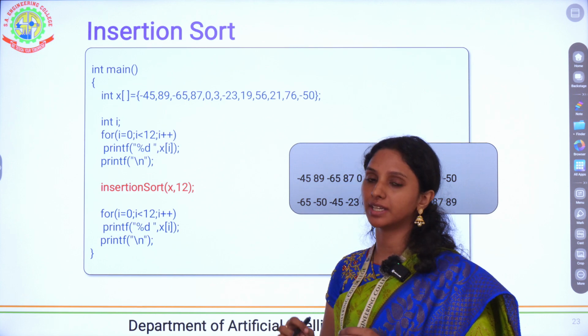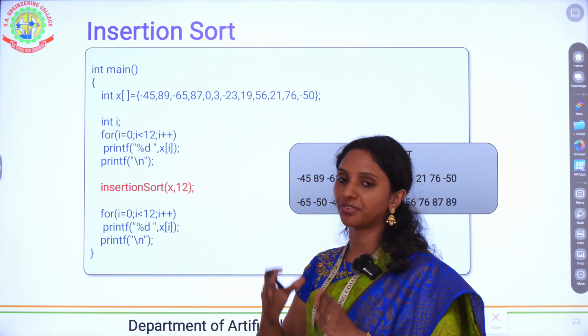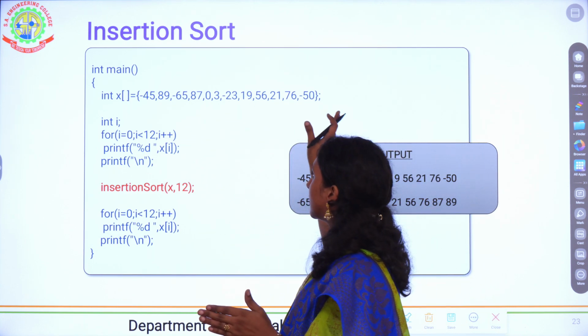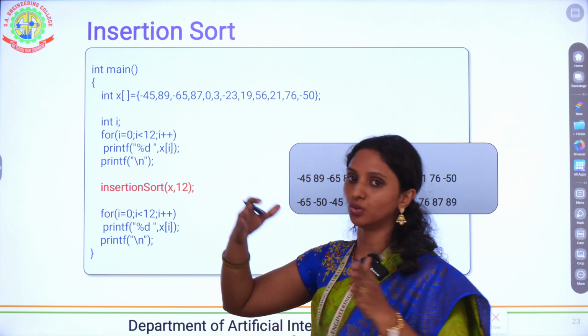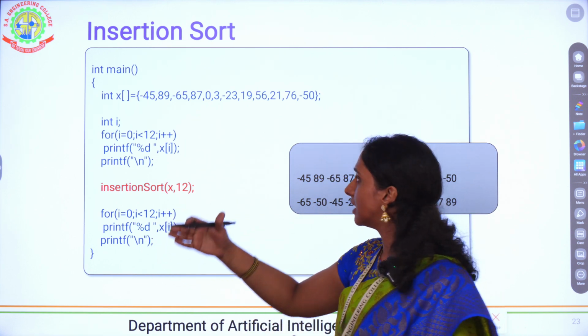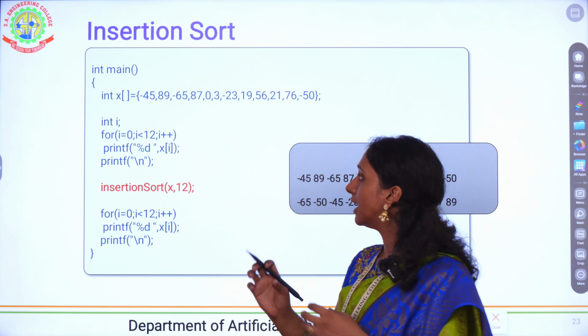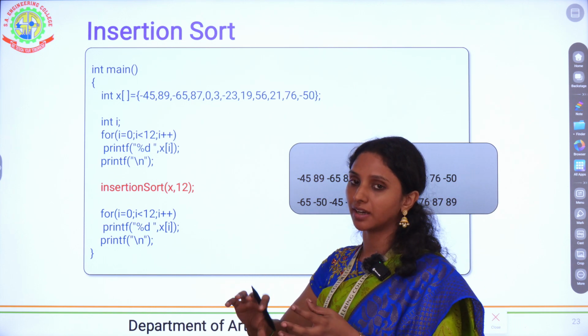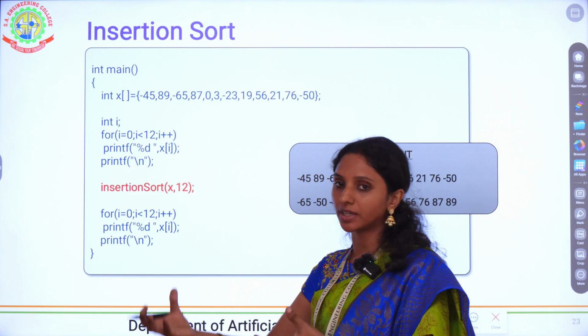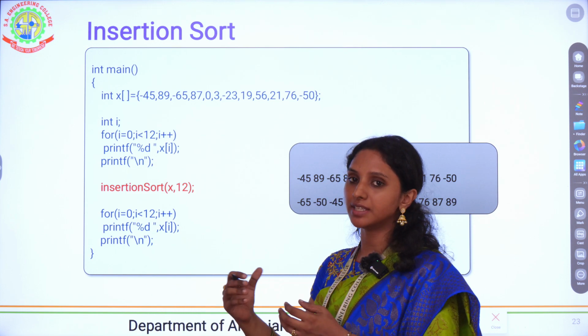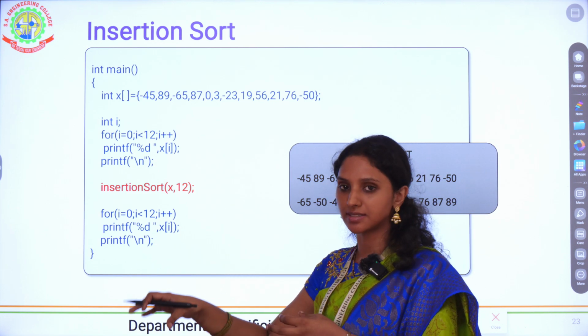What it actually does is it will first divide this array into two lists, unsorted and sorted, and then from the unsorted list it will take each and every element and start comparing it with the sorted list, and if there is a need, the element will get inserted.